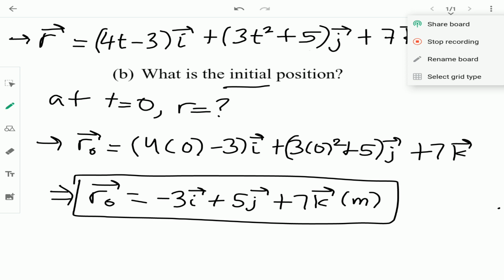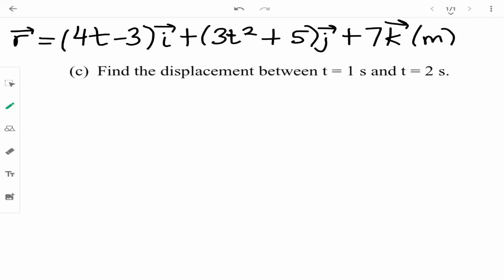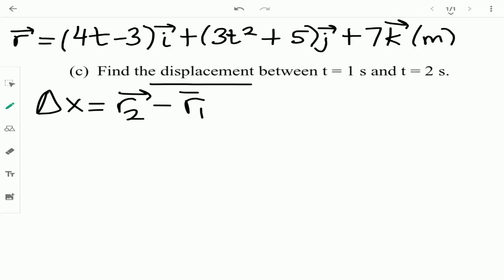Okay, let's solve. So they're asking us to find the displacement. So as we all know, the formula for displacement is the change in position. So delta x equals the position at time 2, so r2, minus the position at time 1. We do not divide by time because we're not looking for velocity.